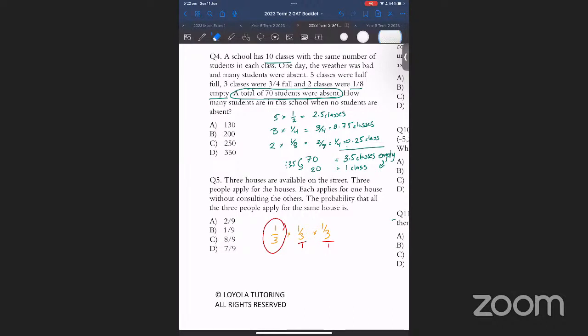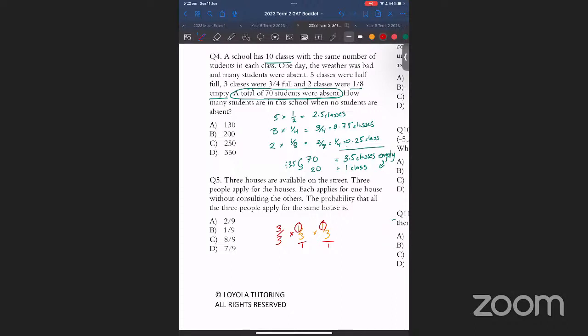Because of that, the probability for the first person is not 1 out of 3. It's 3 out of 3 because he can choose any of the 3 houses. But the other two people have to pick the same house. That's why it's 1 out of 3.